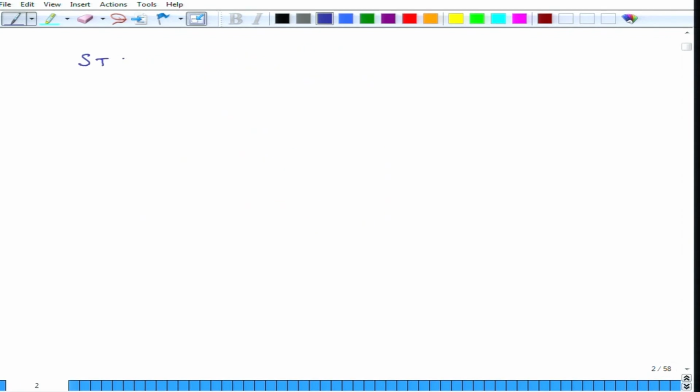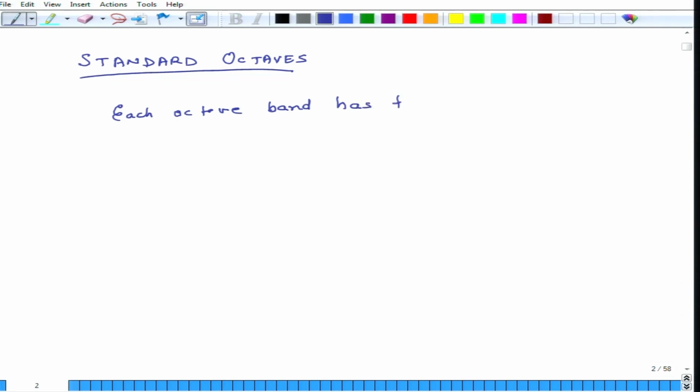We will discuss standard octaves. Each octave band has 3 parameters.